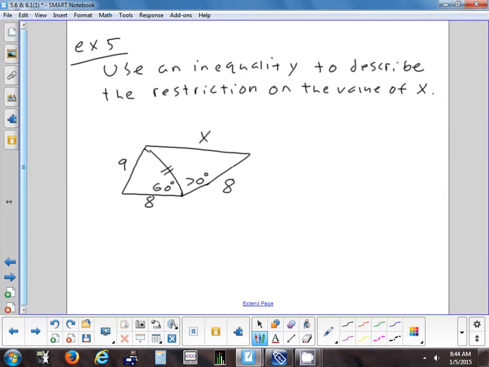Okay, and let's do one more in this section, and then we'll move on. So I want to use an inequality to describe the restriction on the value of x. Do we have a Hinge theorem problem here?